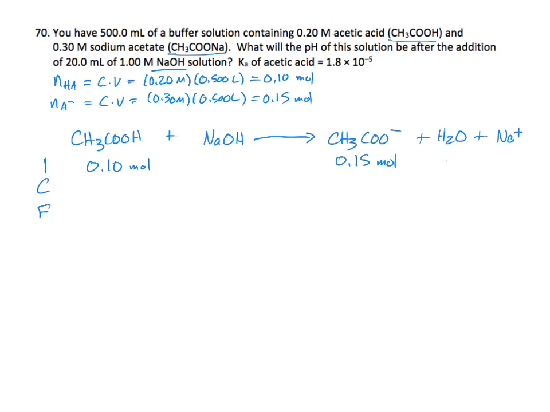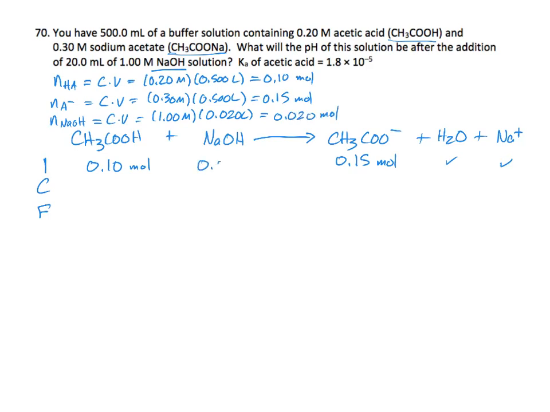And we don't care about water or sodium plus because neither of them will have any impact on the pH of the solution. Sodium hydroxide will. So the moles of NaOH, it says we added 20 mils of 1.00 molar NaOH, and we've added 20 mils, 0.020 liters, equals 0.020 moles.